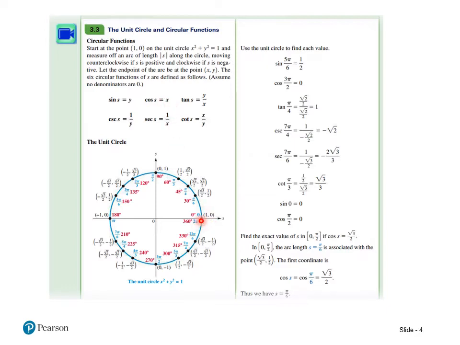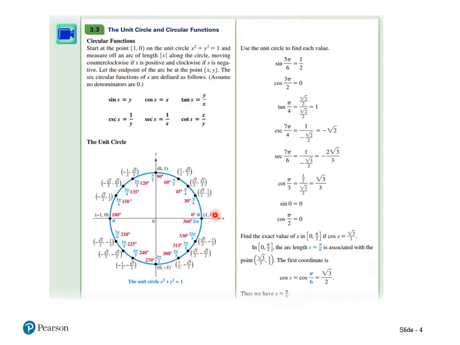So for example, the quadrantals: we have 1, 0 at this first point where the angle is 0 or 2 pi or 0 or 360. At 90, the coordinates are 0, 1. At 180 or pi, the coordinate is negative 1, 0. And at 270, the ordered pair of coordinates is 0, negative 1.